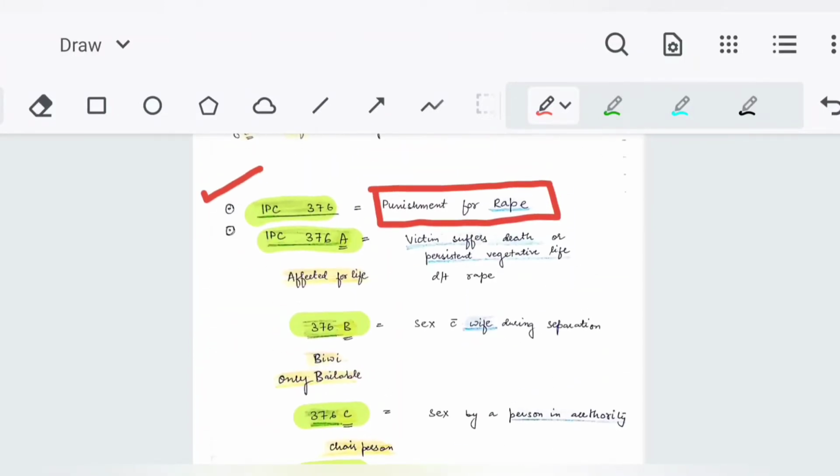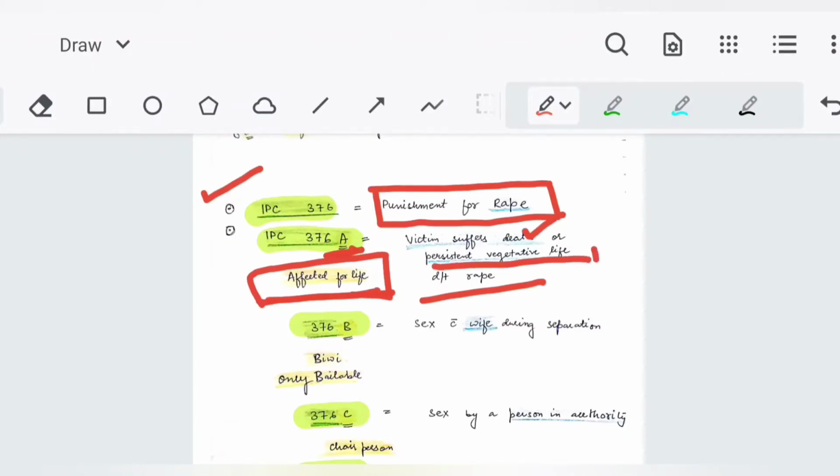Okay, first A is where the victim suffers death or persistent vegetative life due to rape. That is, A is affected for life, that is either death has happened or persistent vegetative life. So 376A is affected for life.